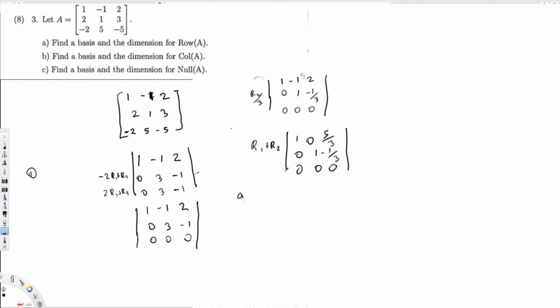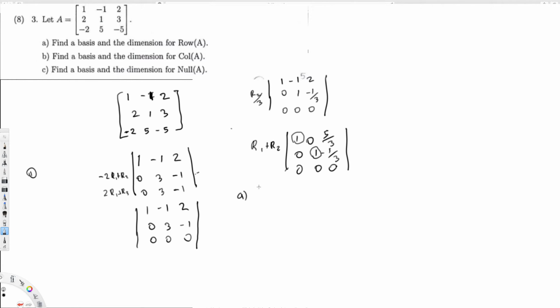Let's begin with the first one. The first one is asking to find the basis and the dimension for row A. Since they are asking for row, we have to find the rows which have leading coefficients, pivots. In this case, the first and second rows have pivots. Therefore, we have to select the first and second rows. That's going to be my basis.